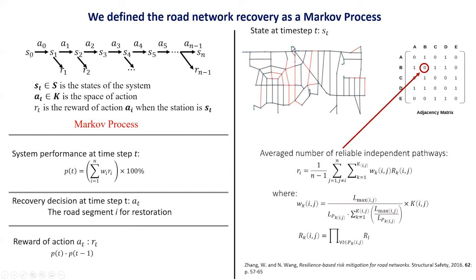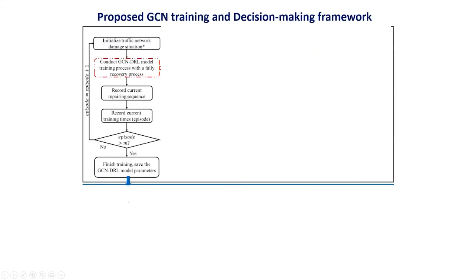So we are going to use the difference between before and after taking this action as the reward of this action. With this said, I'm going to introduce the proposed training and decision framework to make the optimal decisions.